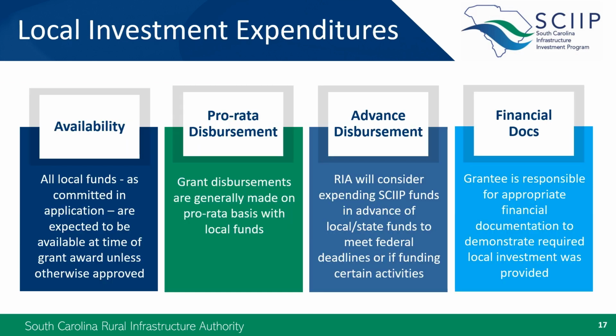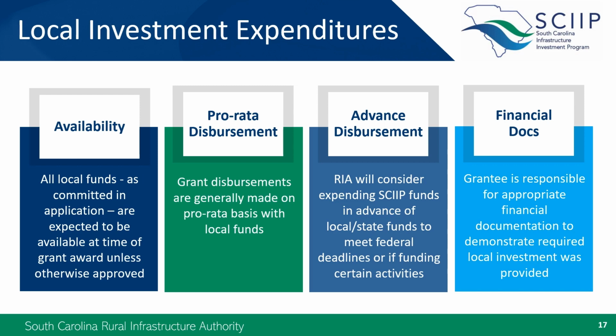With regards to local match and the leveraging of other funds, the grantee is expected to have available all funds that were specified in the application at the time of grant award. The local investment may not include any federal, non-state, and local fiscal recovery funds or American Rescue Plan Act funds, unless otherwise approved by the federal agency.